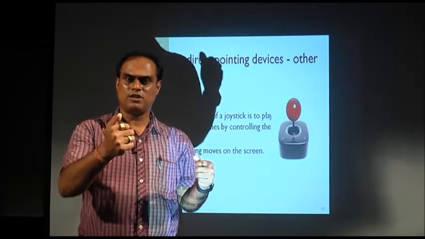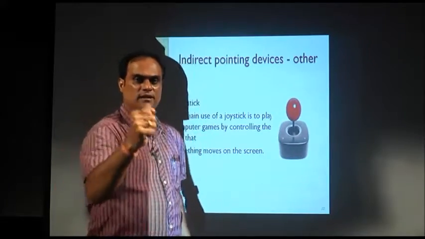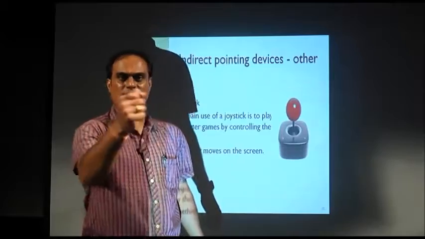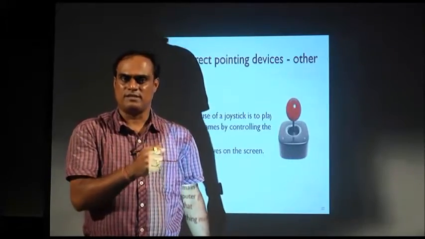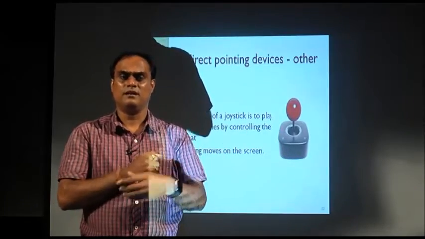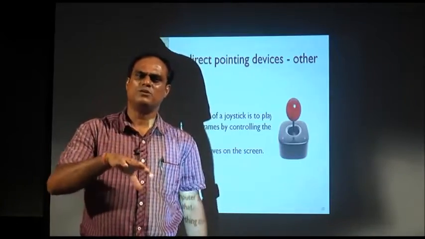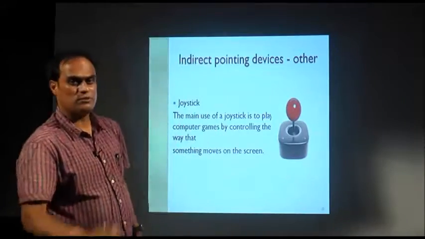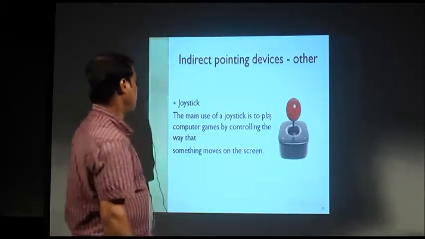So you are using the joystick. Joystick means that in any direction you can move the object, in a rotating way. So it is a rotating input device. Whenever it is necessary as per the user, we can use that input device. It was used earlier, but nowadays it is also used for particular application-based input.